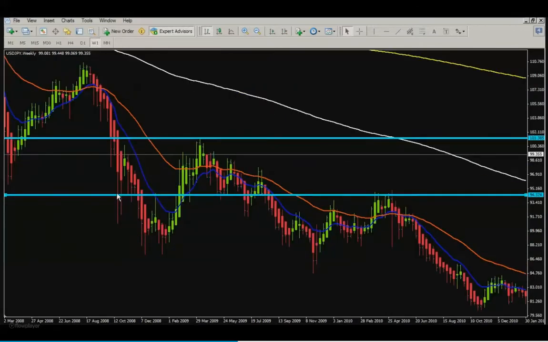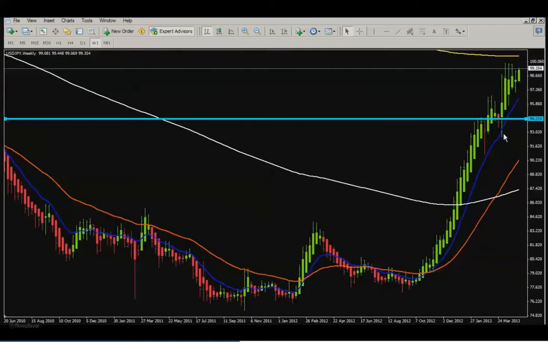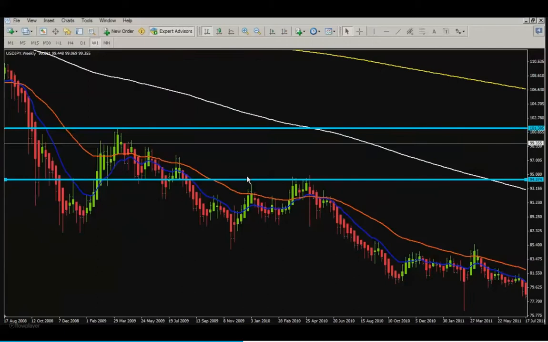A touch there, some touches here pointing out here, many touches there, and even here the price bounced. You see that almost 300 pips moved down and then moved up again. So I think that's a really good area. Look at that, many touches here and here and here and here, pointing out kind of a range here.